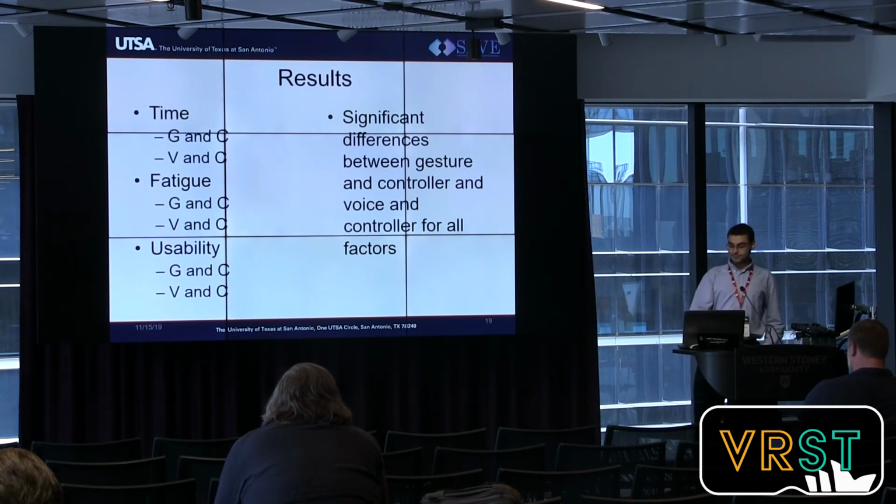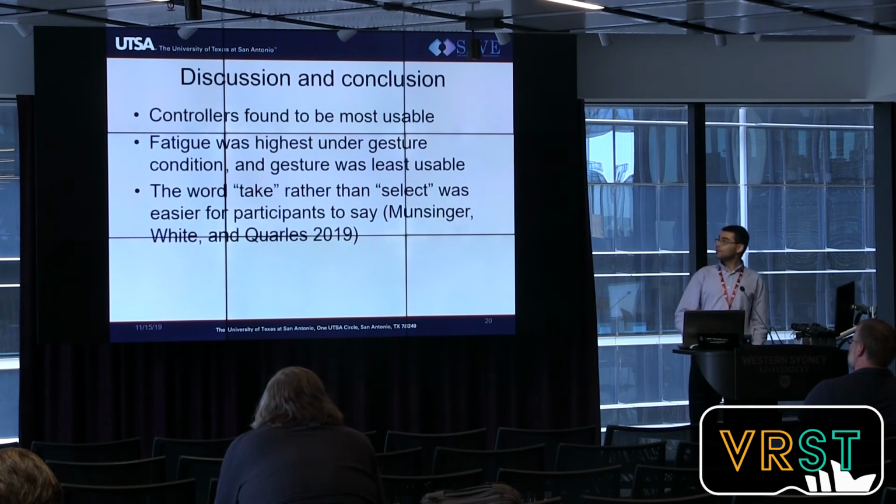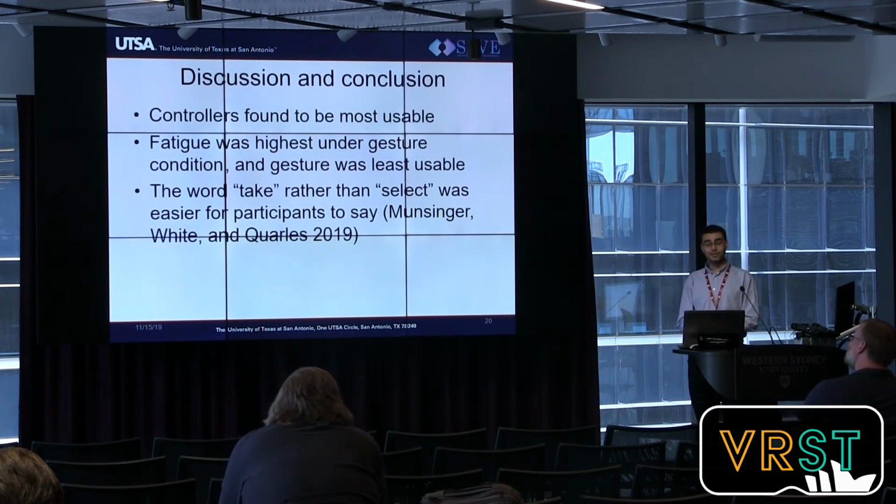So the controllers, we found those to be the most usable, as they had the smallest chance of failure. Like in the video, you saw that even though the user was doing the air tap several times, it just wasn't selecting.